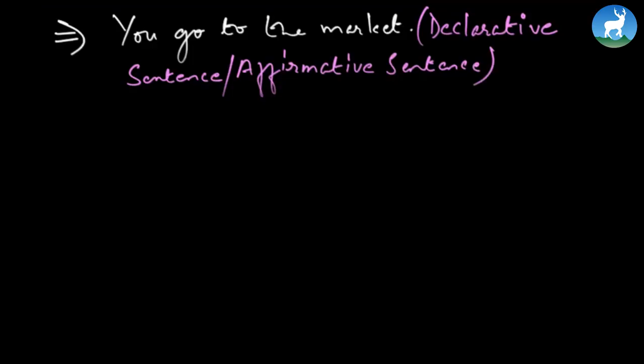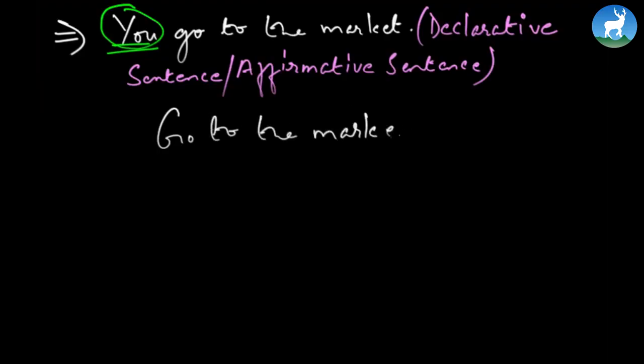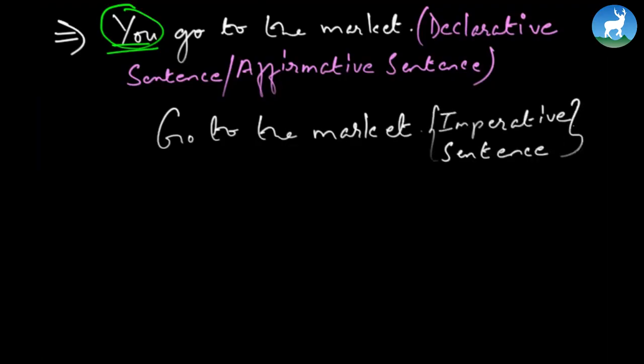Now here the subject is you, alright, and if we are to omit the subject here, meaning take this subject out and just give a direct order, go to the market, then instantly it becomes an imperative sentence.